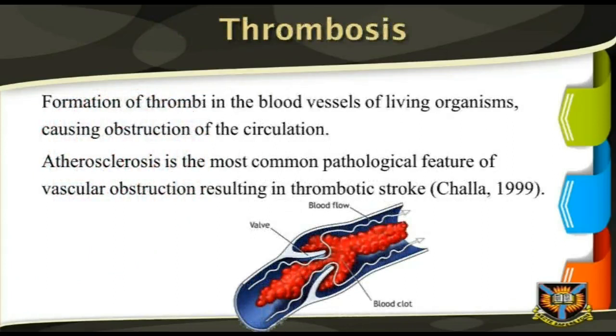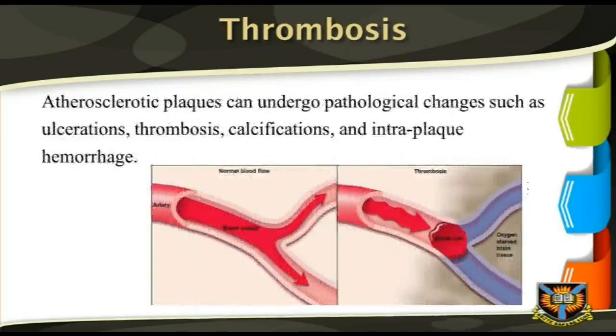Arteriosclerosis is the most common pathological feature of vascular obstruction resulting in thrombotic stroke. Arteriosclerotic plaques can undergo pathological changes such as ulcerations, thrombosis, calcifications, and intraplaque hemorrhage. The susceptibility of the plaque to disrupt, fracture, or ulcerate depends on the structure of the plaque and its composition and consistency.